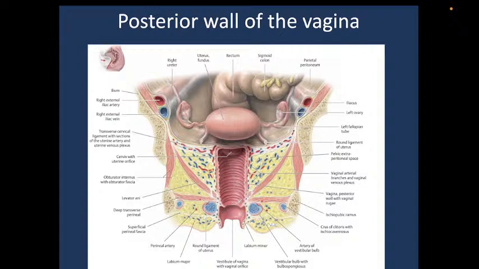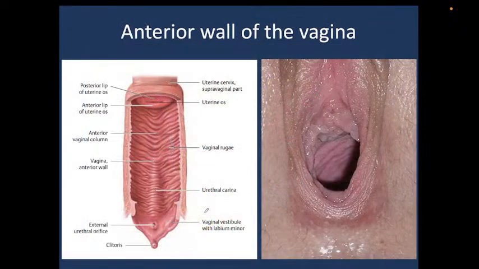Here you see the posterior, the longest wall of the vagina, and it is an interesting fact that sometimes during development there may be a double vagina in women. I will discuss it later. And here you see the anterior wall of the vagina.